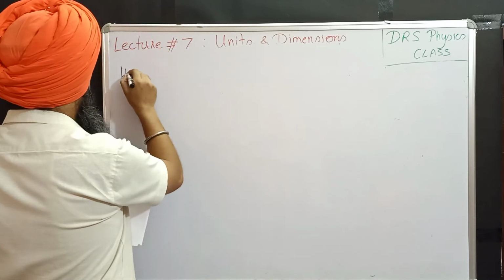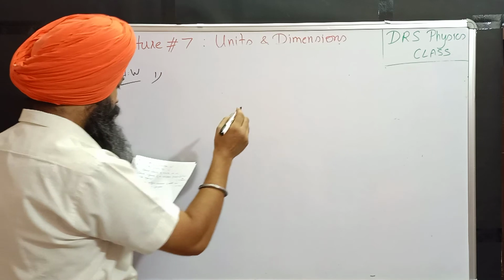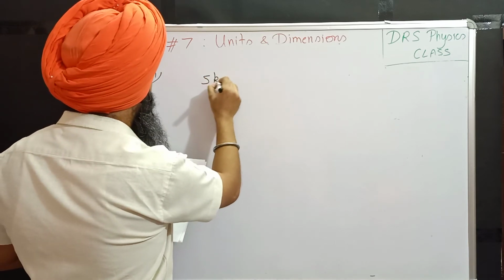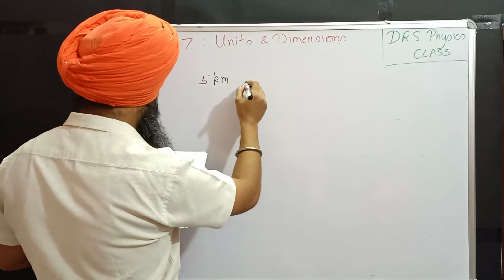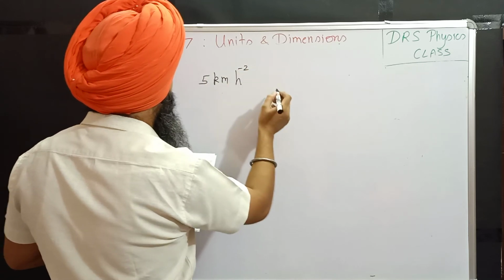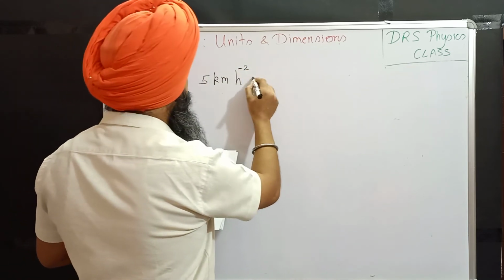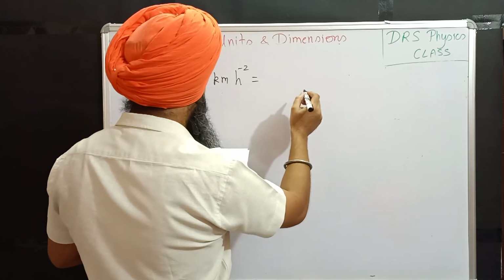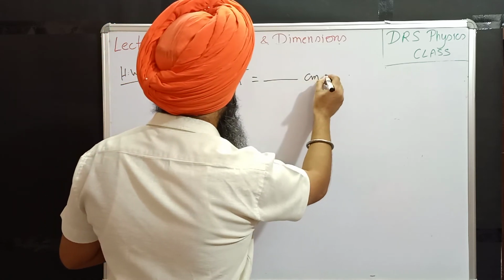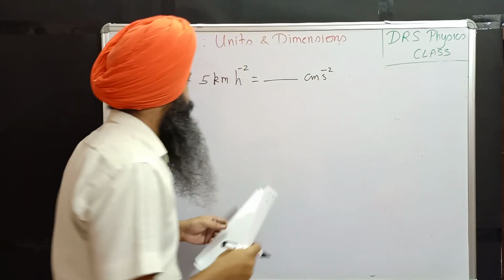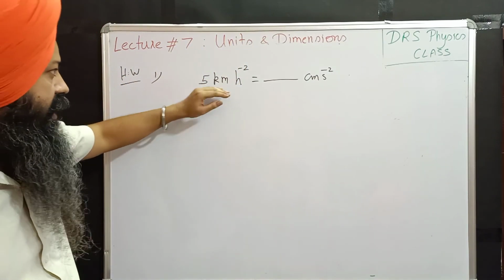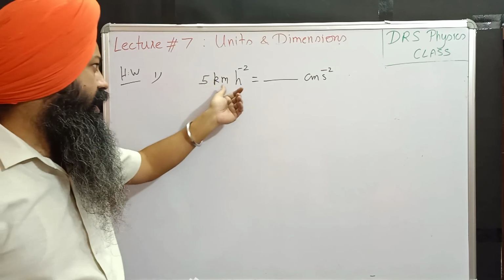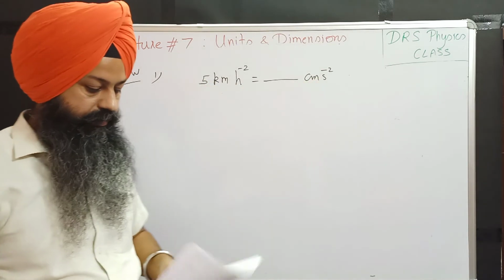This 5 kilometer per hour squared. Oh, sorry. This is hour here. Find its value in centimeter per second square. So this is acceleration given here. We have to convert the value of this acceleration, which is in kilometer hour, into centimeter seconds.